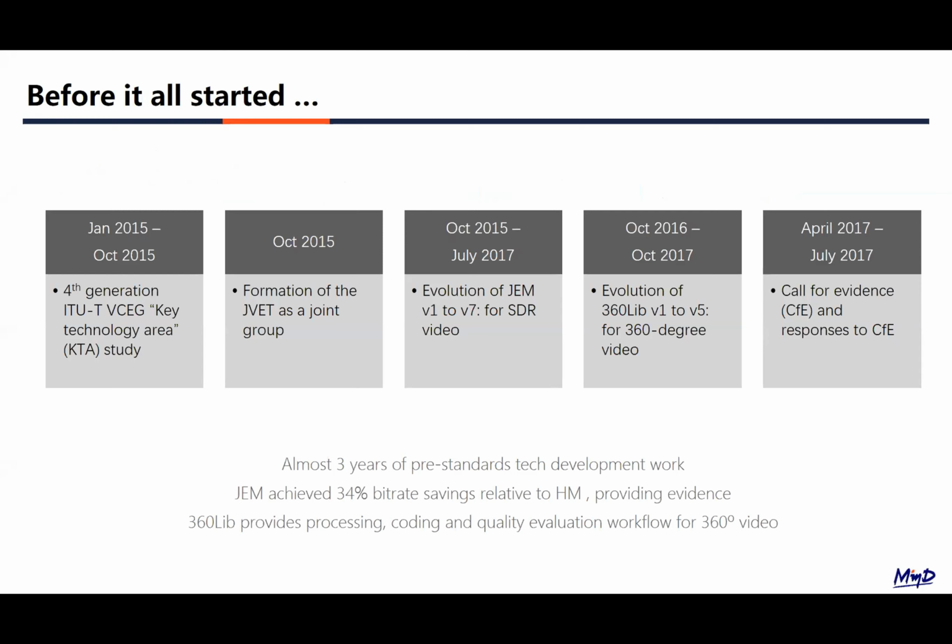And for about 2 years, there was an evolution of the JEM, the exploration model that we were using at the time, through 7 different versions for SDR video. And by the time we were at the 7th version, we achieved 34% bit rate savings compared to HM. And that is when we said, let's also start a call for evidence to see that the technologies are ready for standardization. And in July 2017, we had responses that showed that we were ready to do standardization.